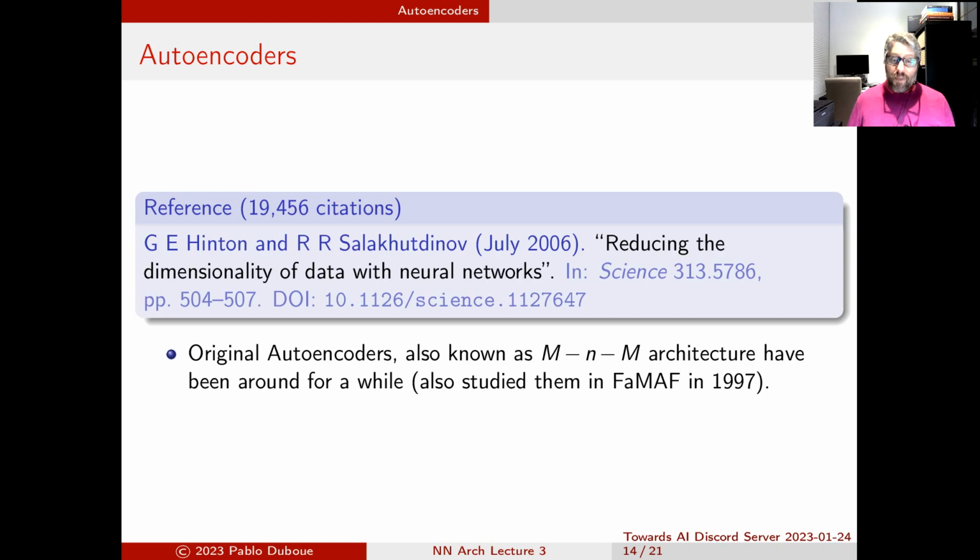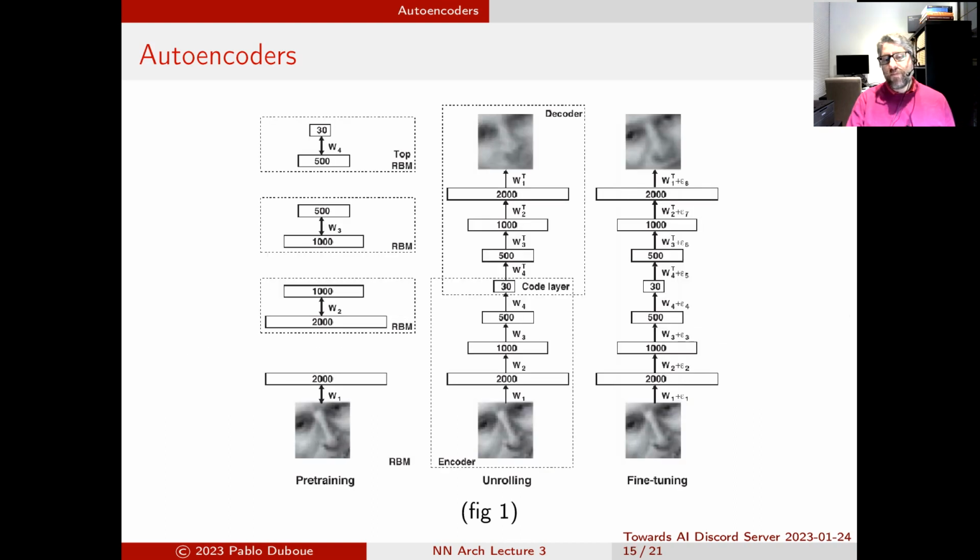And what Hinton realized was that he could take these images, say here, 2000 features for input, and train an RBM to reduce that to 1000.